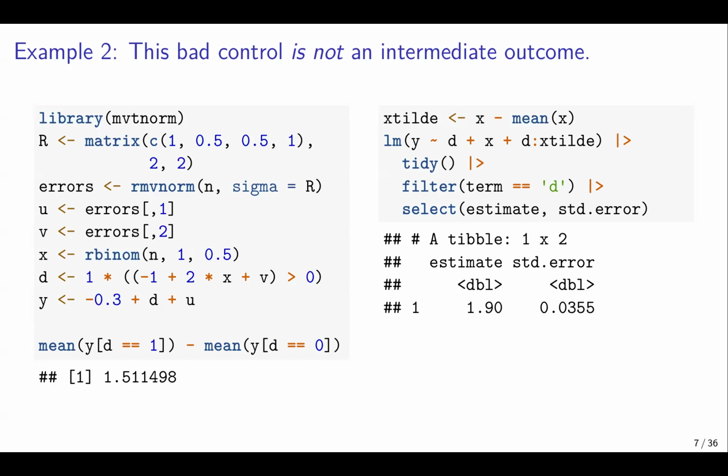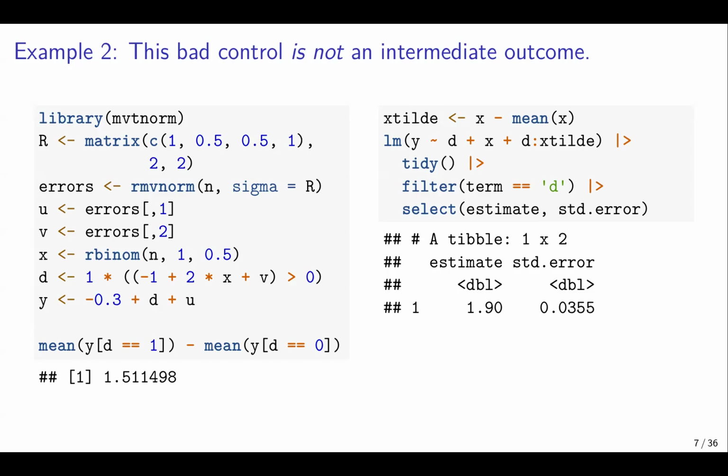If you look at the equation for y, the equation that actually generates y causally on the computer, changing d from 0 to 1 would change y by 1 unit. It increases it by 1 unit. So clearly this naive comparison of means is wrong. 1.5 is not the right answer.